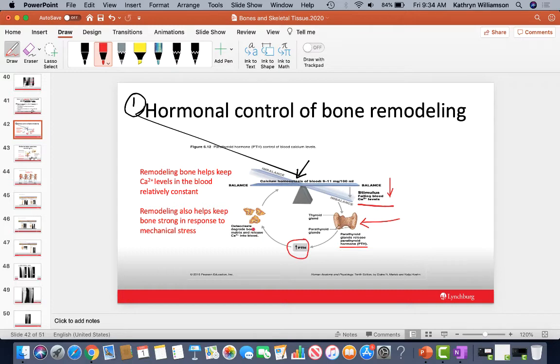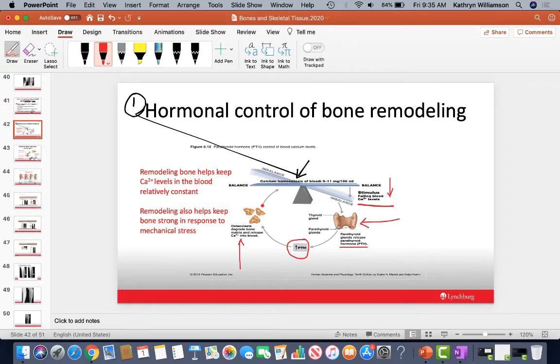That is going to stimulate osteoclasts, which we know is the particular type of bone cell that breaks down bone. And when bone is broken down, it releases its stored calcium. Bones are our primary way of storing calcium in the body. And so when we break that bone down, we end up releasing the calcium into the bloodstream.